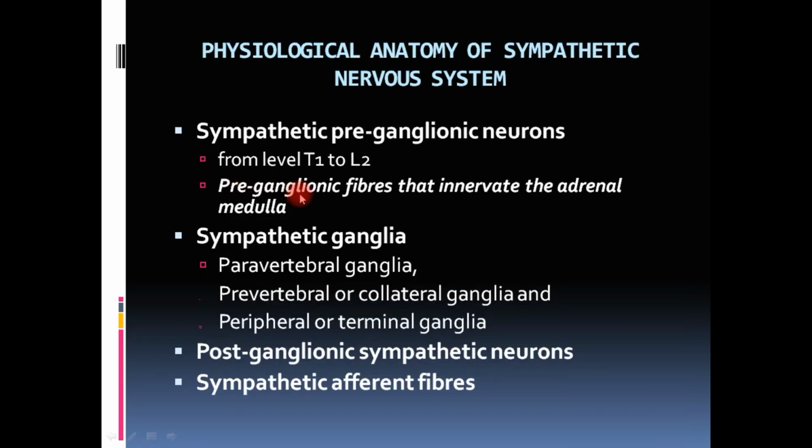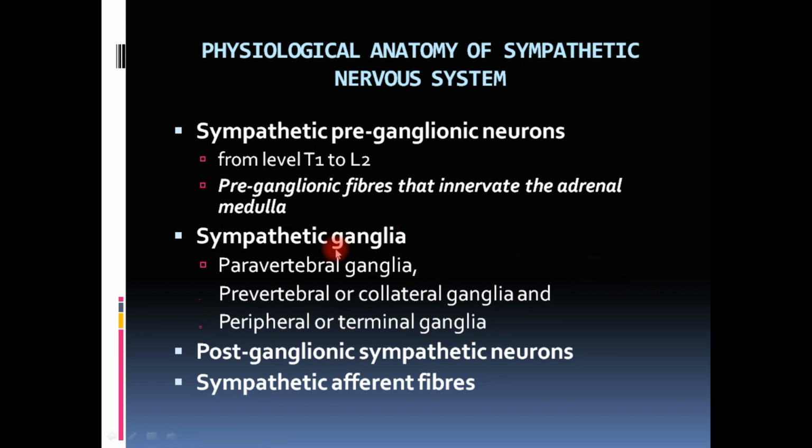Then there are the preganglionic neurons which innervate the adrenal medulla, and the cells of the adrenal medulla act as the postganglionic neurons which secrete the neurotransmitter directly into the blood.